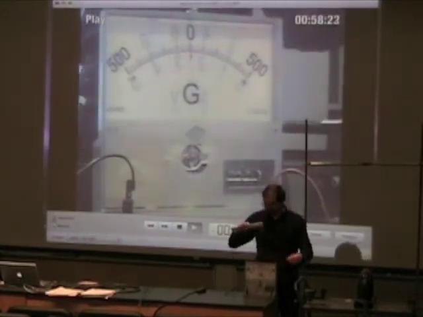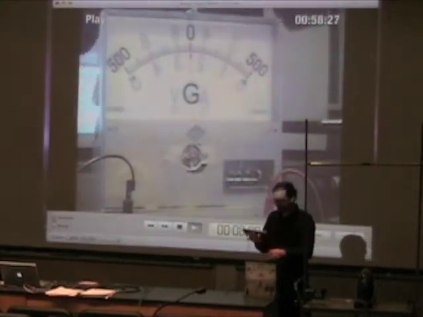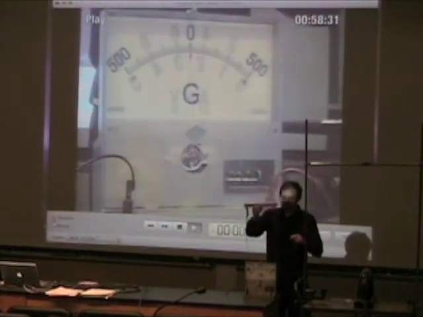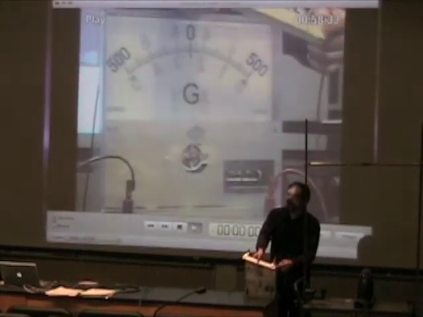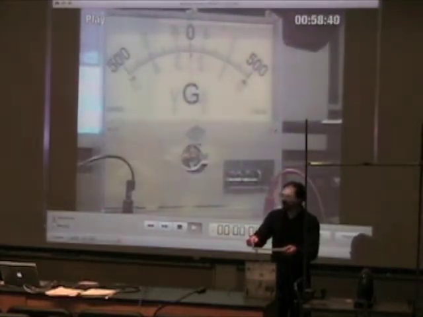It's how it's made. So first of all, I want to make this deflect to the right, which means I want to have this end positive, plus, which means I want to move all the electrons toward this end.